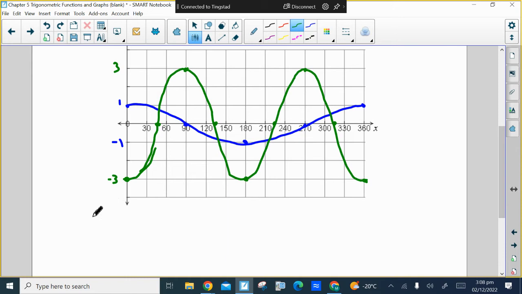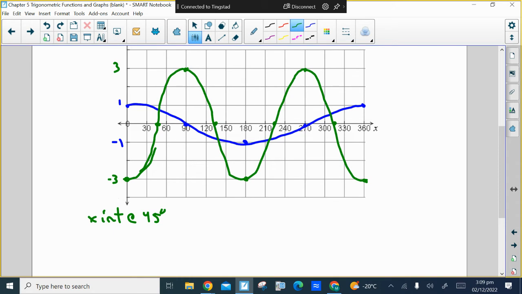So our first x-intercept is at 45 degrees. And the next one was at 135 degrees, which is 90 degrees past what we started at. Another way of looking at this, the period of this graph is 180 degrees.